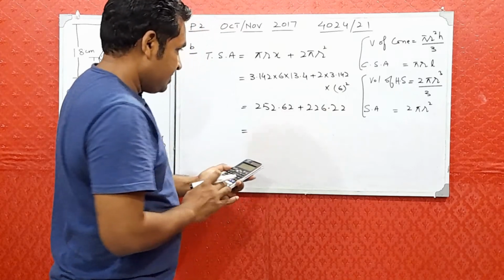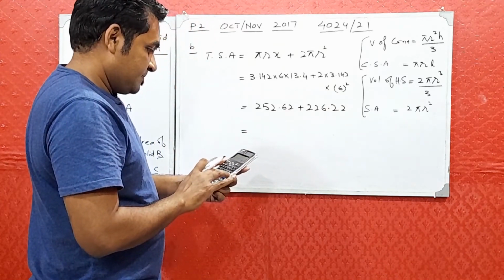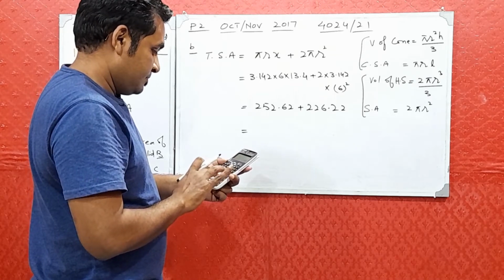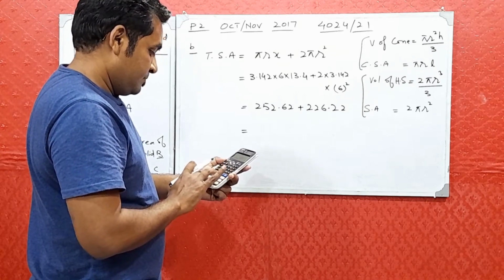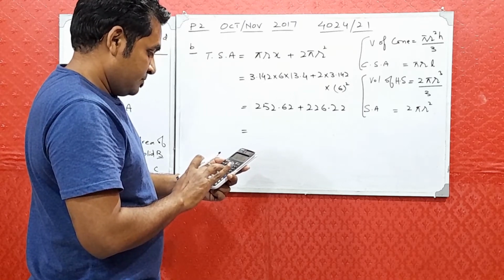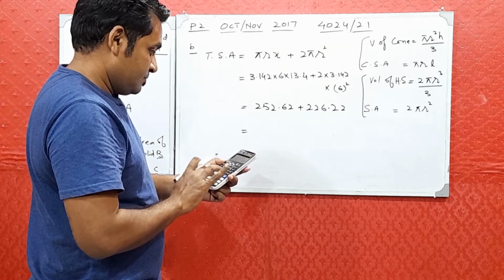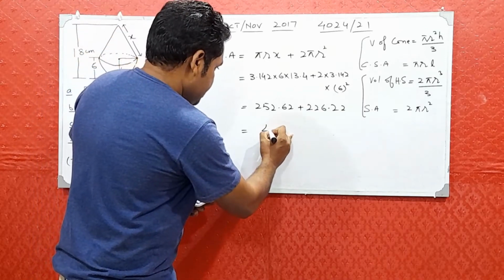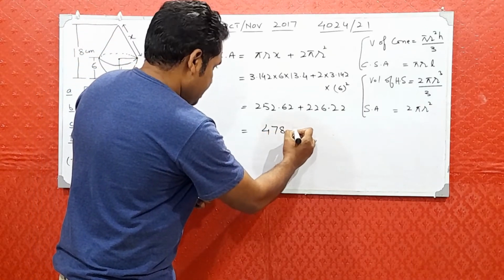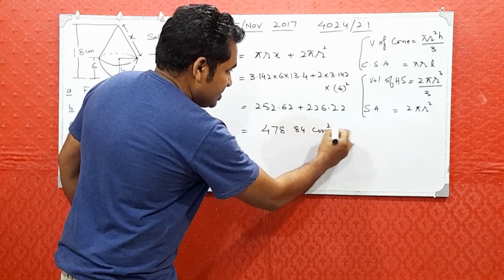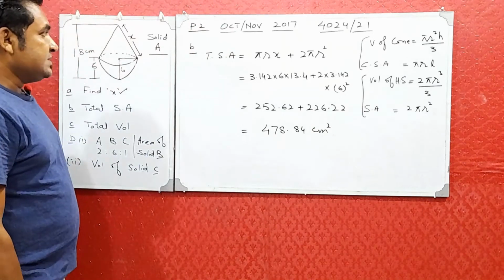When you add these both values, you get the answer 478.84, and this is surface area, so centimeter squared. So this is part number B.